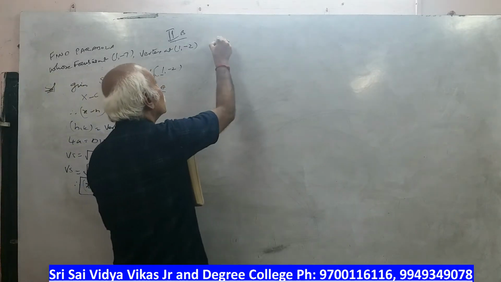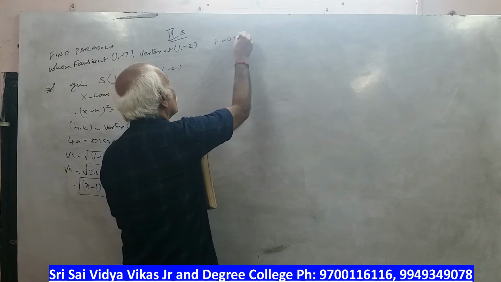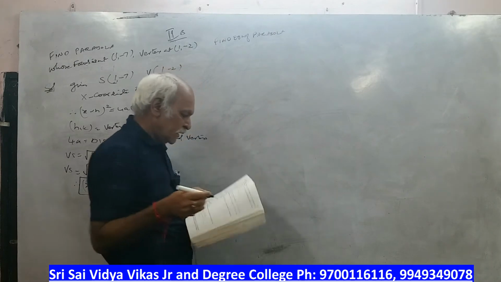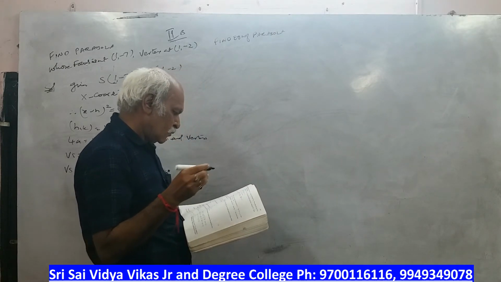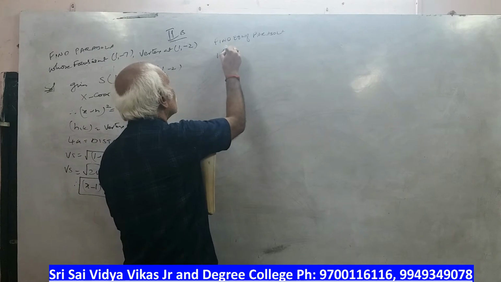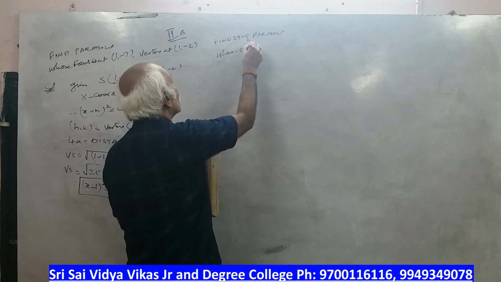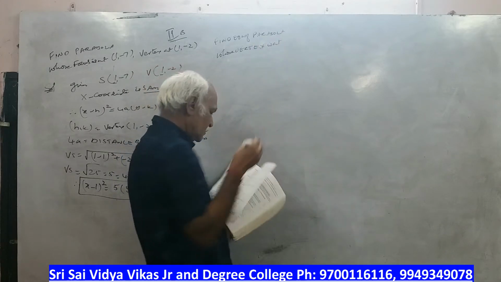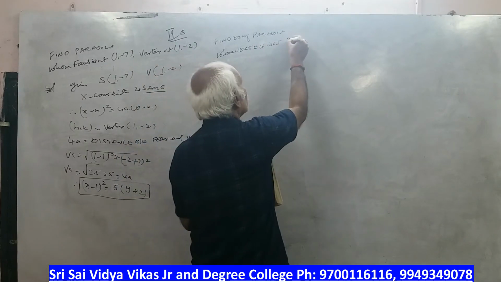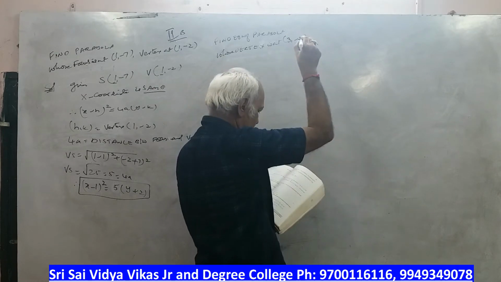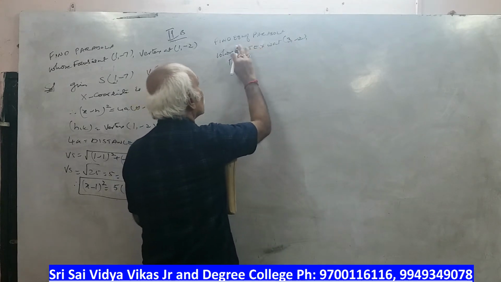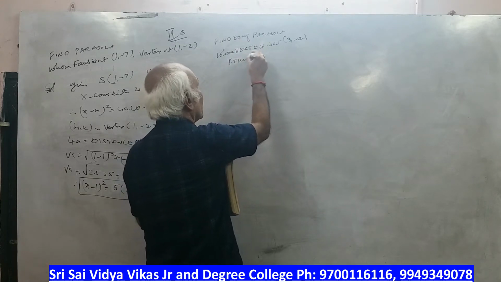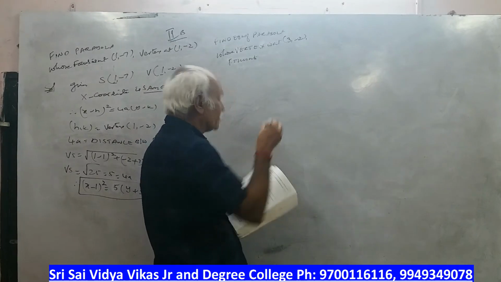Find the equation of the parabola whose vertex is at (3, minus 2) and focus is at (3, 1).